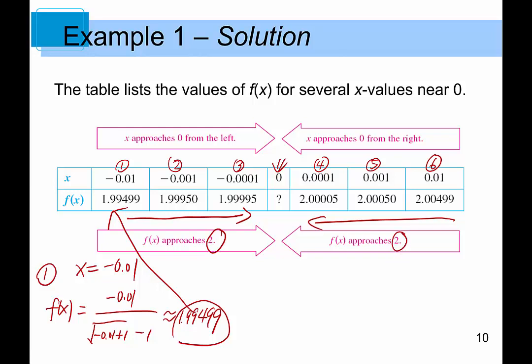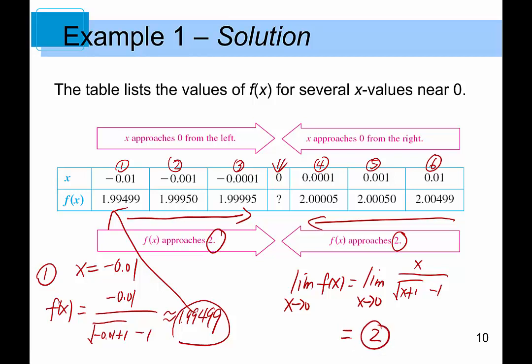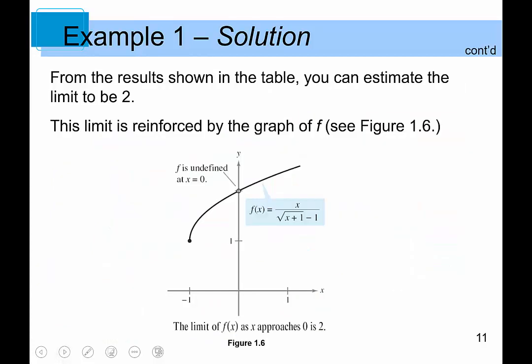So we should be confident that at x equals 0, when x approaches 0 from the left and right-hand side, the limit as x approaches 0 of f of x, in this case our function x over the square root of x plus 1 minus 1, will be 2. From the table we can come up with this conclusion. From the result shown in the table, you can estimate that limit to be 2.